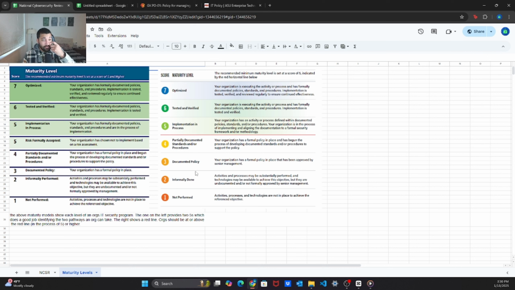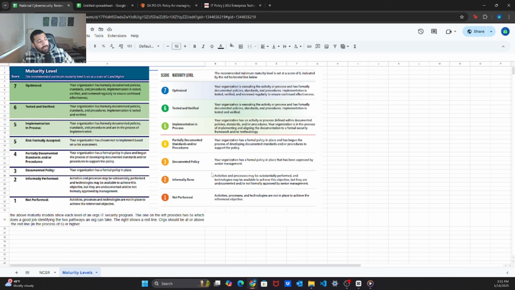So essentially saying that it's at an ad hoc level and it sometimes is performed, sometimes it's not performed. And you might have some documents in the back with a coffee stain on it that provides that information of what to do for processes, policies, and whatever. That's what essentially 2 is saying. So still a bit shaky within your maturity, but at least you got something, right? You got the sticky note.